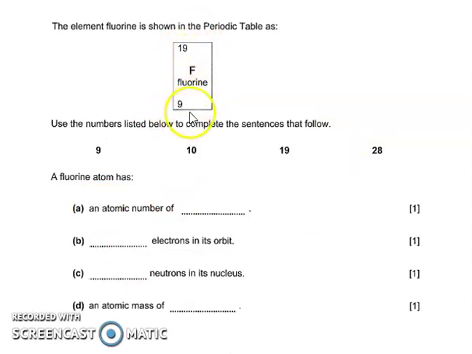The atomic number is always smaller than the atomic mass. So we know this is the atomic mass and this is the atomic number. As we can see, there are many different ways of writing the symbols with the atomic number and mass, and it's important for us to understand no matter which way they are using.